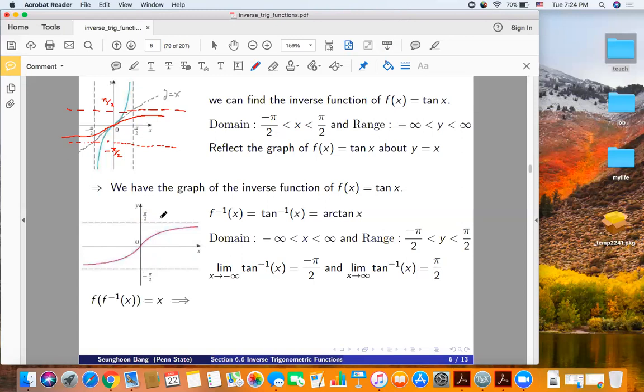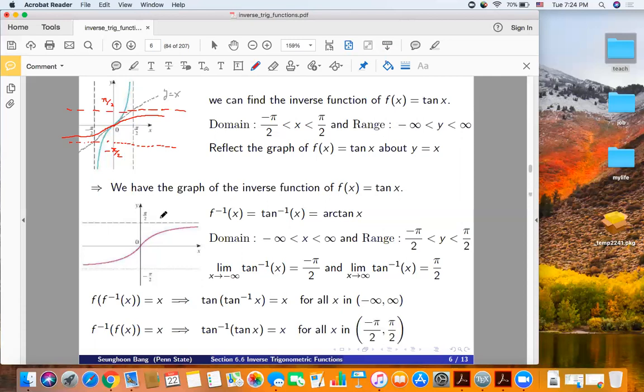We have a cancellation equation: inverse tangent of tangent of x equals x for all x in the domain of tangent, minus pi over 2 to pi over 2.